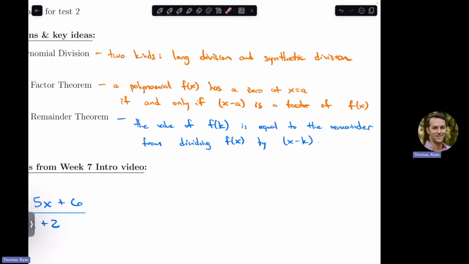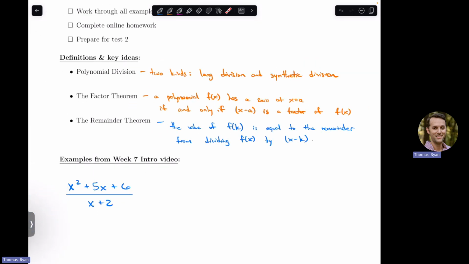So the factor theorem is the special case of that when that remainder happens to be 0.